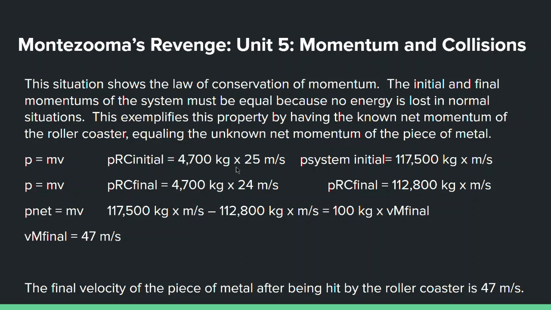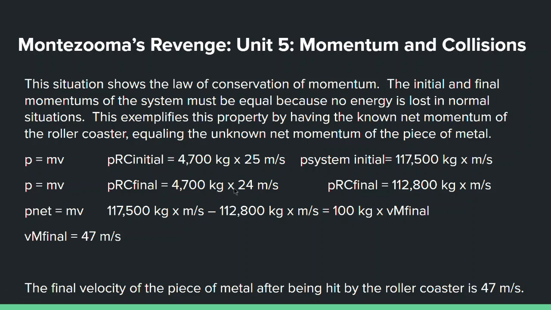So we take 4,700 kilograms times 25 meters per second, and we get a system initial momentum of 117,500 kilograms times meters per second. And then we calculate the known part of the final momentum, which again will just be the roller coaster because we don't know the velocity of the piece of metal after the collision.